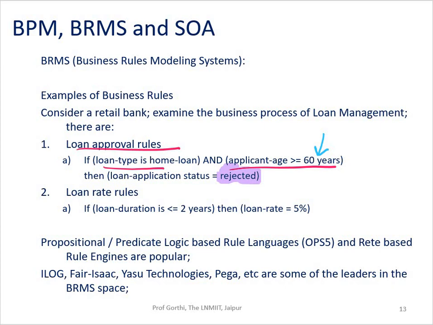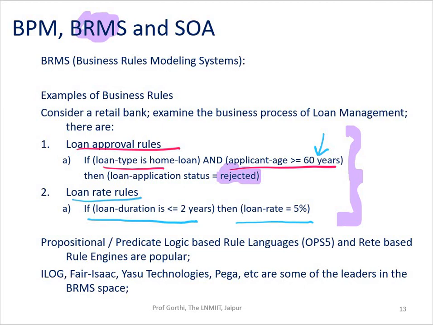Similarly, for loan rates, I may have a separate rule that if the loan duration is less than or equal to 2 years, then my loan rate will be 5%, right? So I can have this business rule modeling system. I can have these rules. Now the only thing is that these are just a set of numbers which I have taken for the sake of explanation, right? These things can vary, or these things may not be applicable at all.